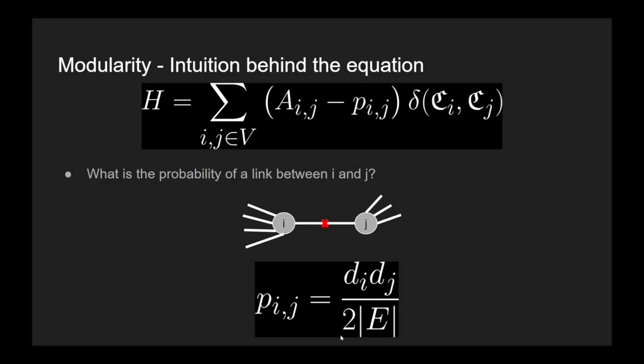And that's where we get this equation here. And now this should look very familiar, because if you plug this term into here, what you'll notice is that that's the equation of modularity.